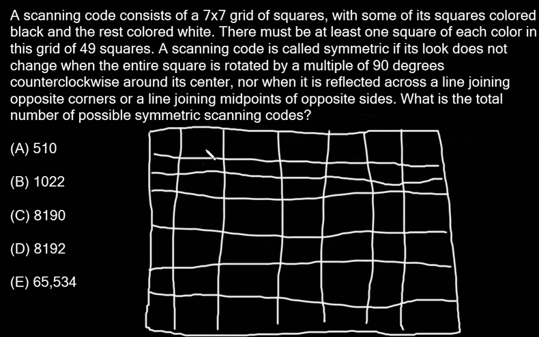So we have this middle piece right here. It's telling us that when we rotate this 7 by 7 grid of squares by any multiple of 90 degrees, so 90, 180, 270, we have to get the exact same coloring still.